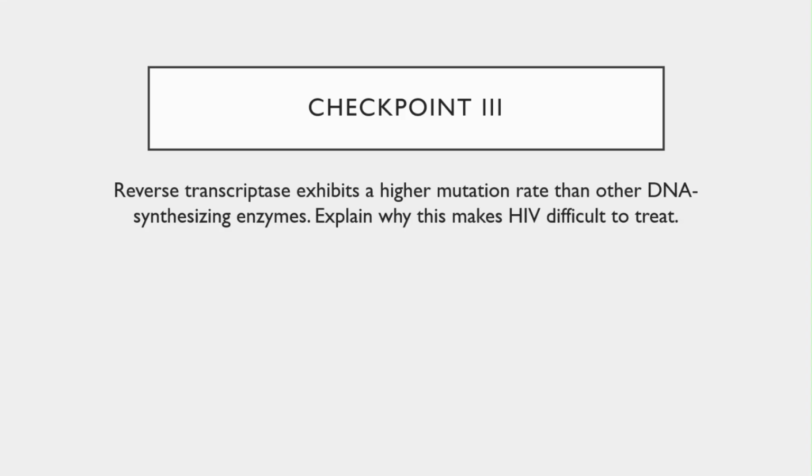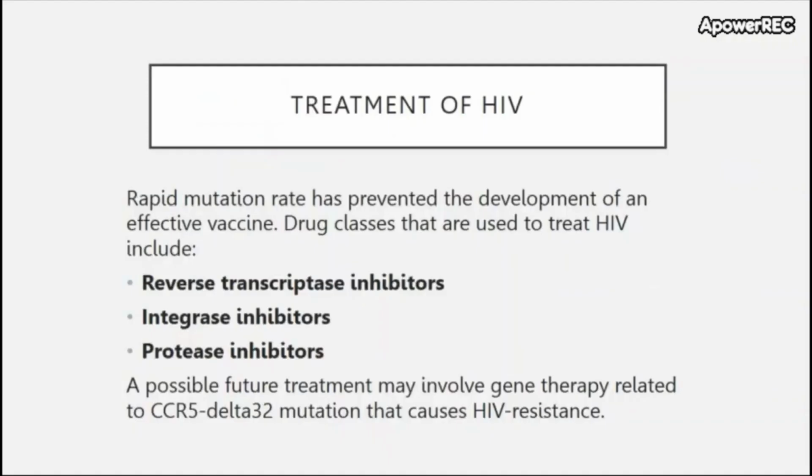Checkpoint 3. Reverse transcriptase exhibits a higher mutation rate than other DNA synthesizing enzymes. Explain why this makes HIV difficult to treat. So let's talk about treatment for HIV. Because they are a retrovirus, they have a very high mutation rate.